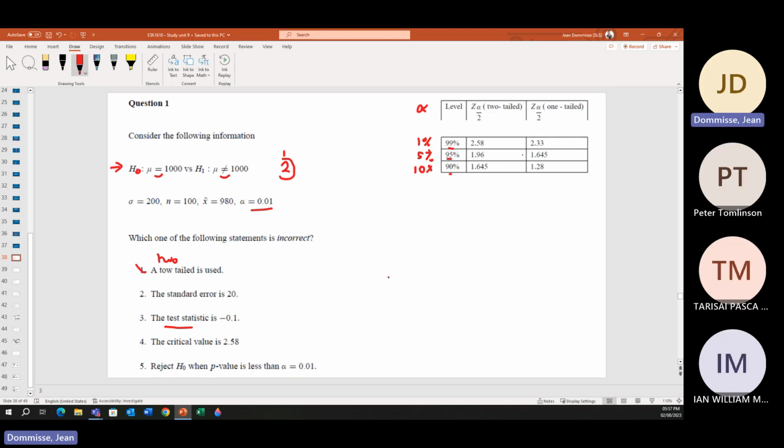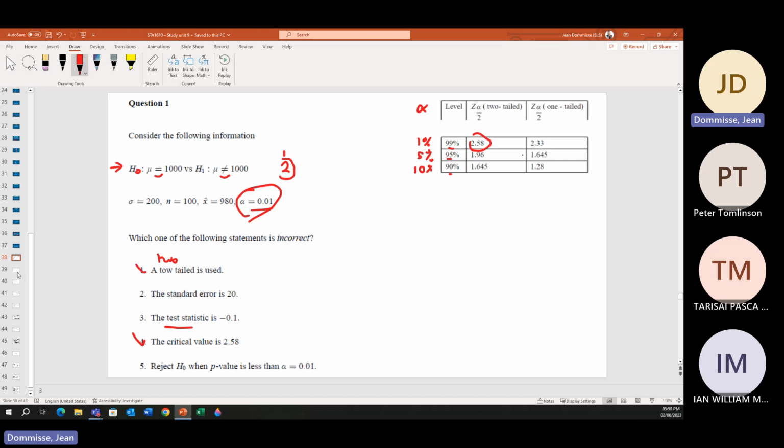The critical value you get from what they tell us the level of significance is. So the level of significance is 0.01. That is actually 1%. We know we're working with a two-tail. So your critical value is going to be 2.58.